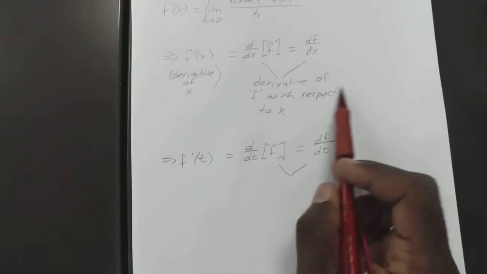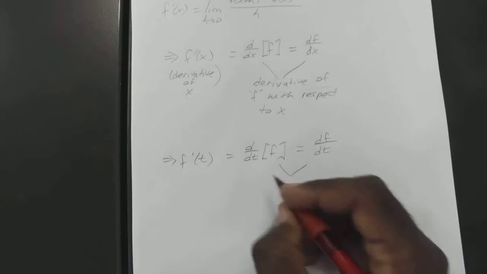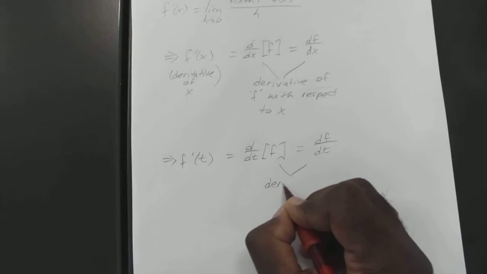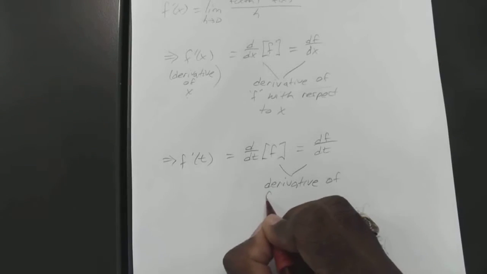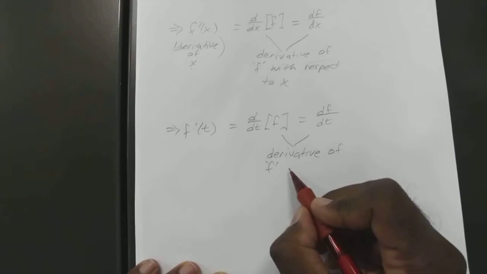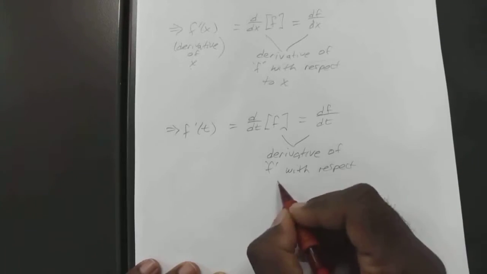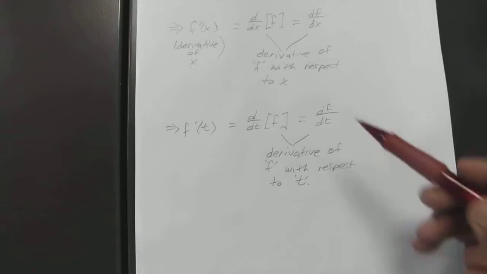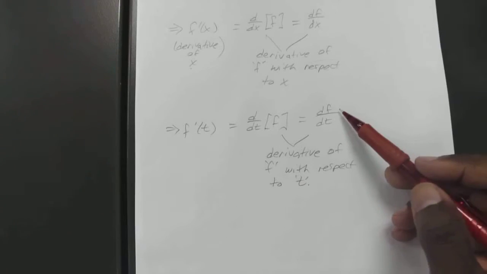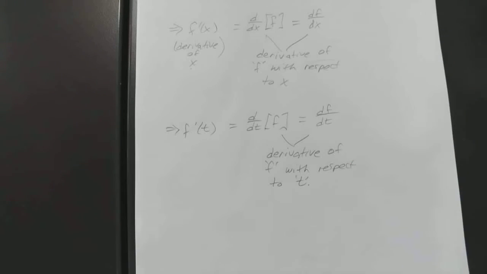That last part just changes with the independent variable. In the same way, you can have the derivative of g with respect to t or x or s, or whichever variable they happen to be using.